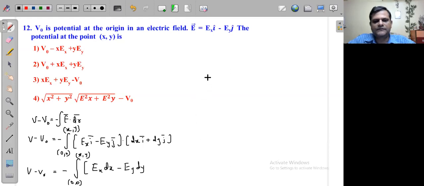Okay, so in the next step, you can just have this V minus V naught to be simply equal to integration of Ex dx. Okay, here two terms have to be opened. The first term will actually be integration of Ex into dx, minus, here it will be minus of minus plus, and will be integration of Ey into dy.